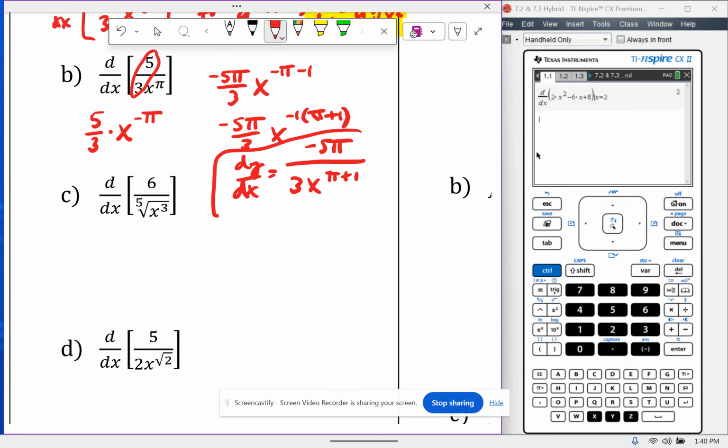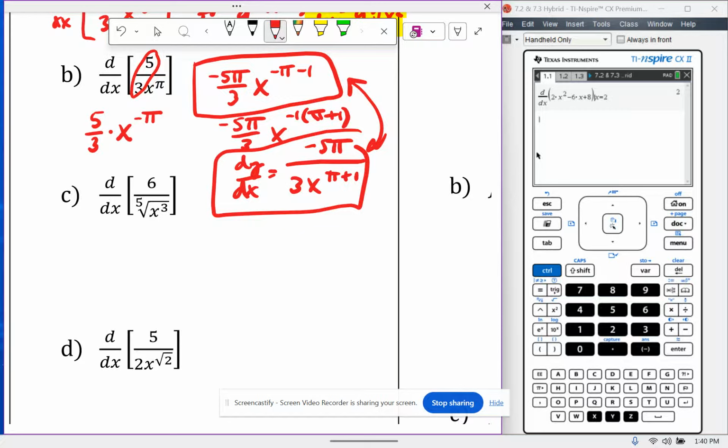Wait, I'm so confused. This was not what I was asking at all. Oh, you could have stopped here or there, it's fine. What were you asking? Because you didn't write the thing with parentheses, so is the negative pi over the exponent going to both the 5 pi over 3 and the x? No, it's not in parentheses. That's a great question. If you had parentheses like this, then yeah, the pi better go to both of them.